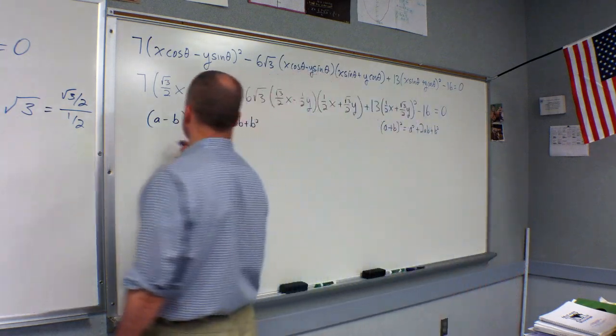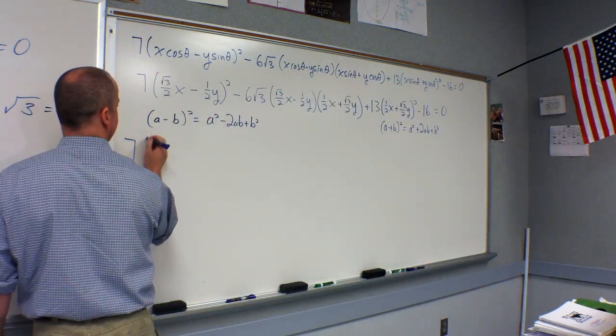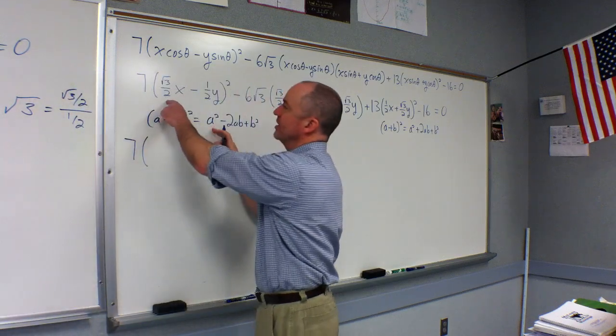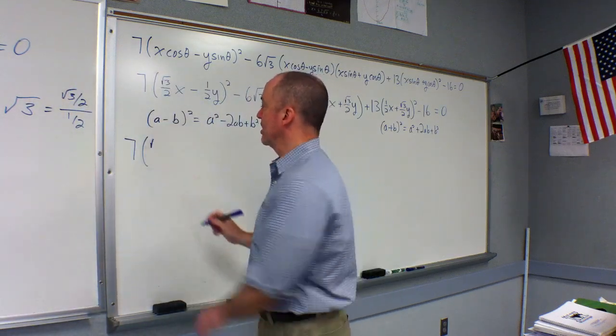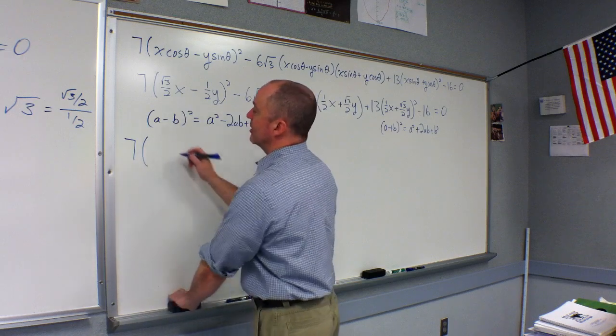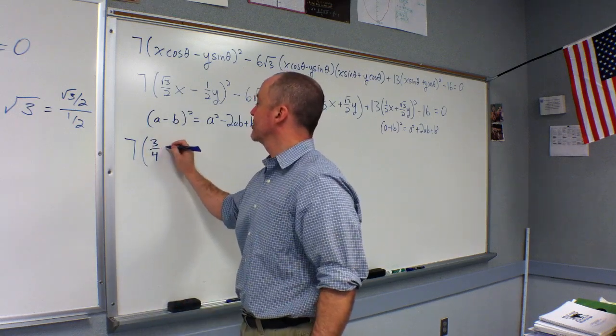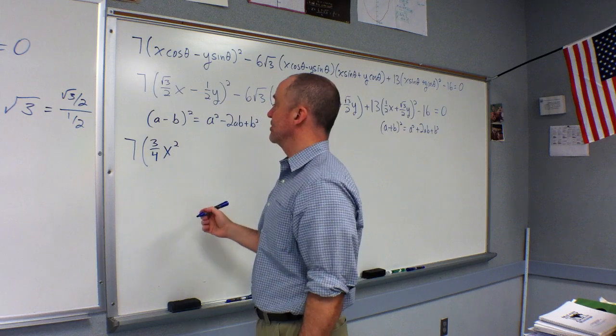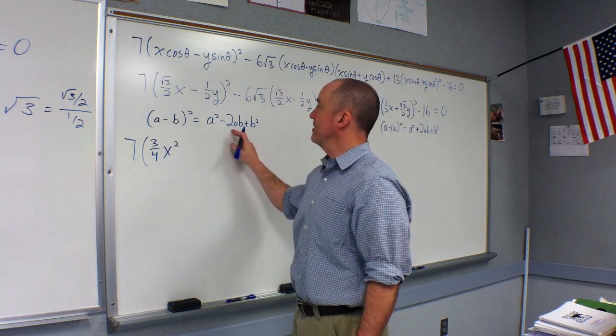So with that in mind, this becomes 7 squared. Becomes, let's see, root 3 over 2 squared becomes 3/4, and x squared is x squared. 2ab, okay.